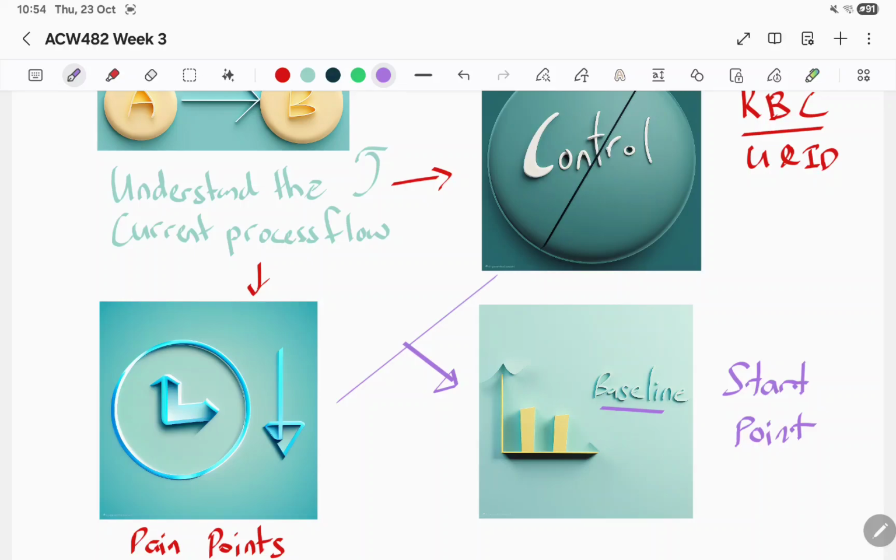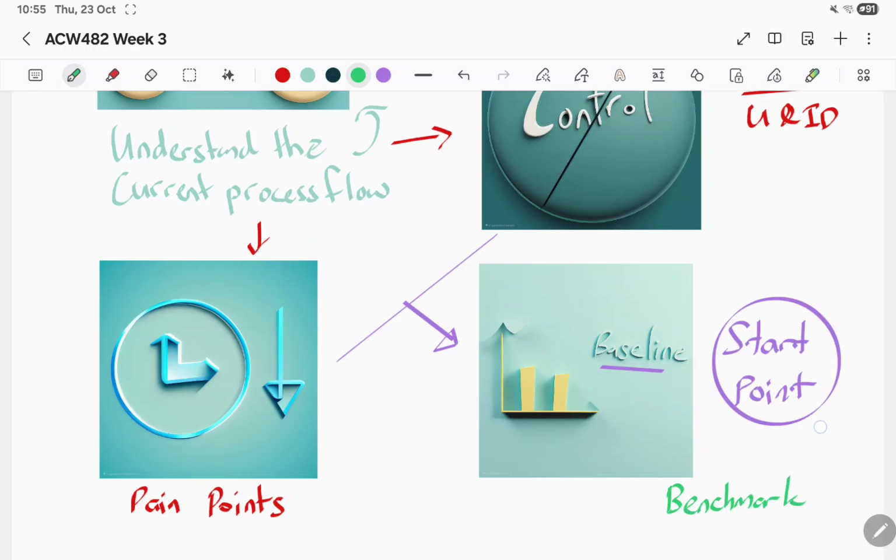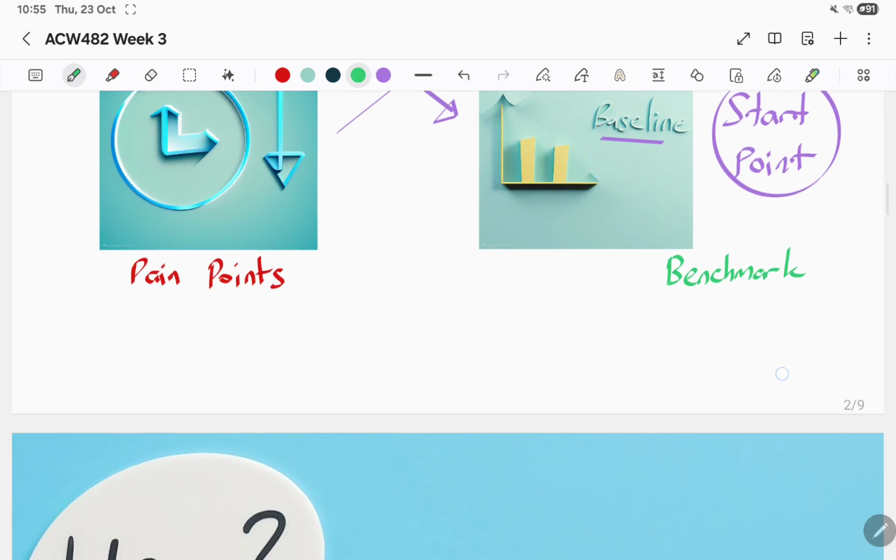Hopefully by the end of the system development, we will gain certain improvements. It is a start point for benchmarking, acting as a benchmark against our future KPI or future development. So just put over here: benchmark.